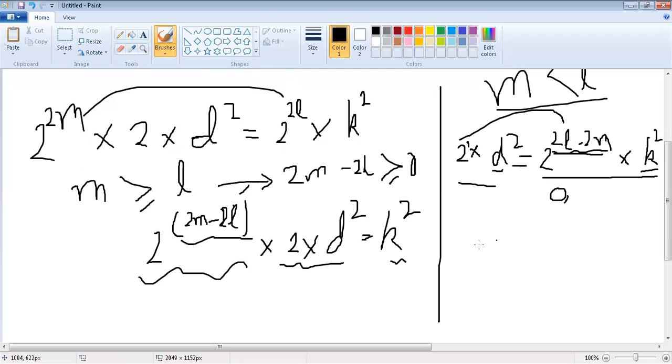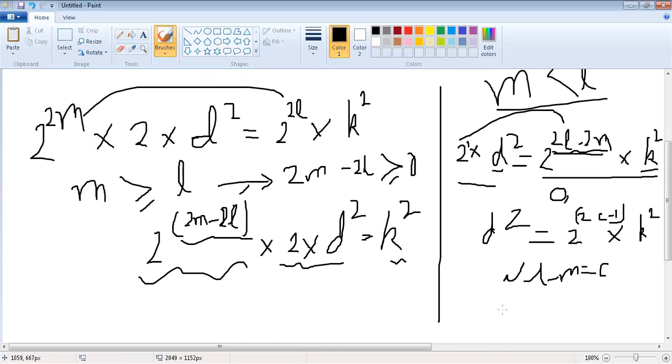So again the same contradiction, that is d square equals 2 to the power 2c times 2c minus 1 times k square if l minus m equals c. One side is divisible by 2 and the other isn't.